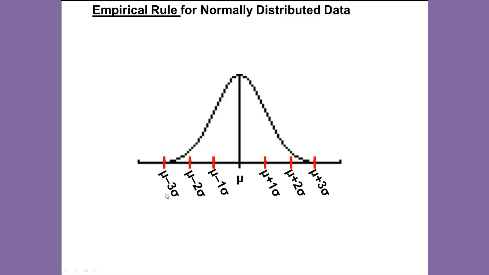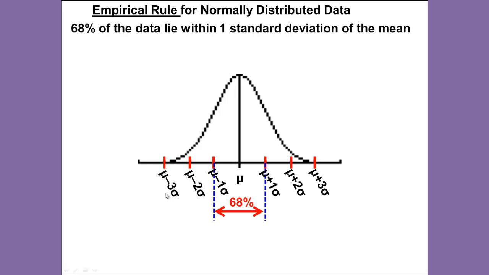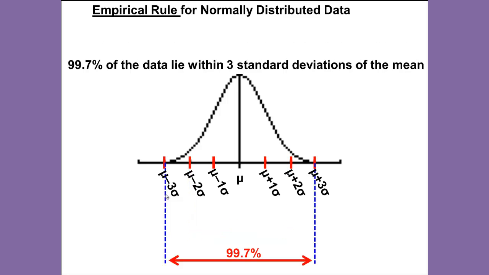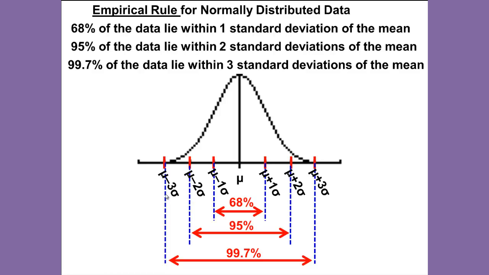The empirical rule simply states that we have 68% of the data within one standard deviation of the mean, 95% of the data lie within two standard deviations of the mean, and 99.7% of the data lie within three standard deviations of the mean. 68, 95, and 99.7% of the data lie within 1, 2, and 3 standard deviations of the mean.